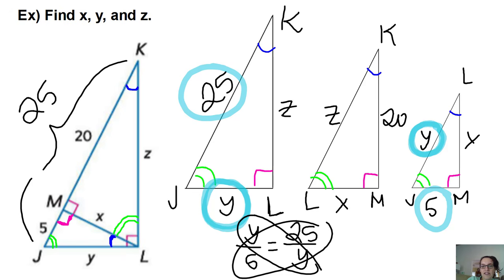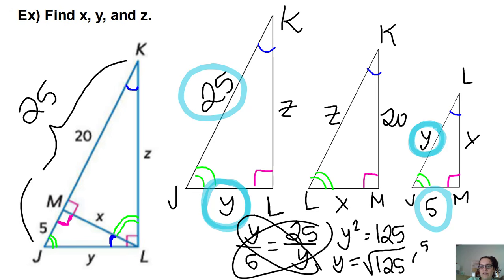Cross multiply. y times y is y squared, and 5 times 25 is 125. So I'm going to take the square root of 125, which is 5 times 25, and 25 is 5 and 5, so I got a pair of 5s. So y is going to be 5 root 5. I can take out my 5s, and then I have this 5 left over that doesn't have a buddy, so he has to stay inside. So y is 5 square root of 5.